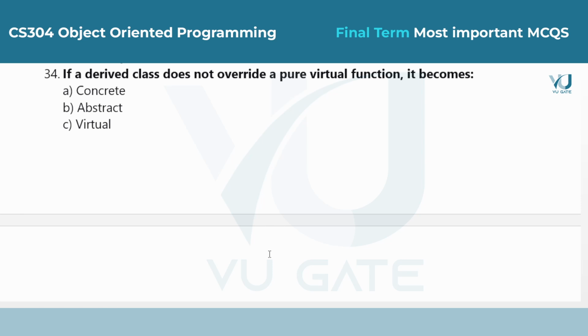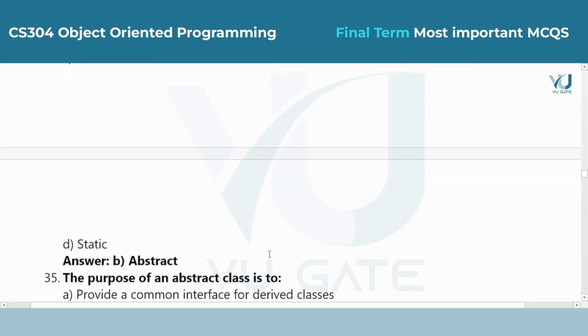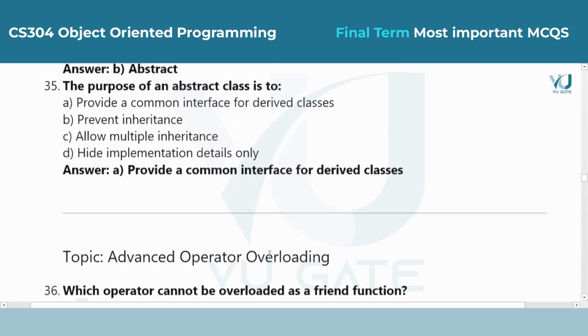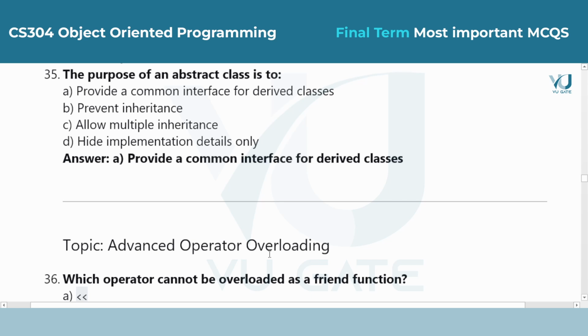Explanation: If a child class fails to implement its parent's pure virtual functions, it inherits that incompleteness and remains an abstract class. Q35. The purpose of an abstract class is to. Answer: A. Provide a common interface for derived classes. Explanation: It serves as a base design or standard that all child classes must follow, ensuring consistency across the program.